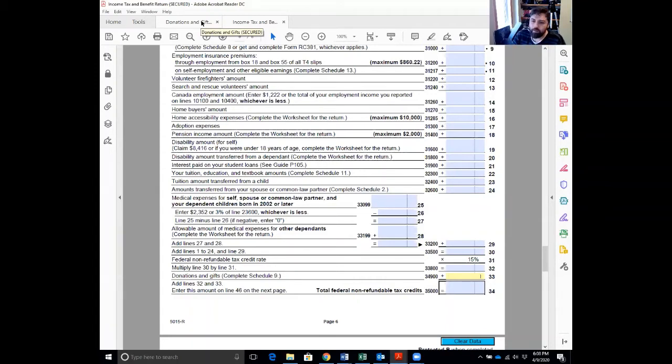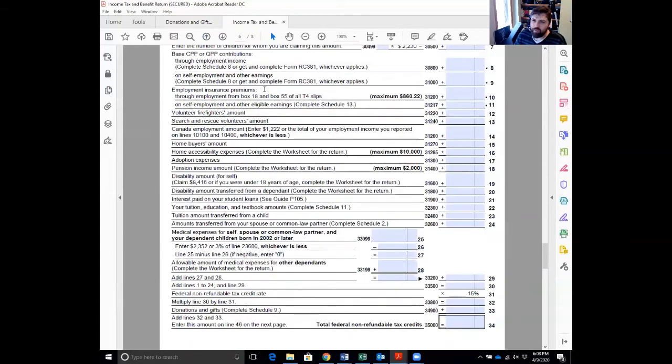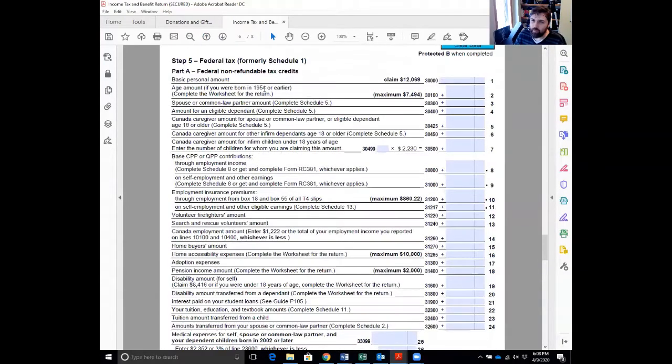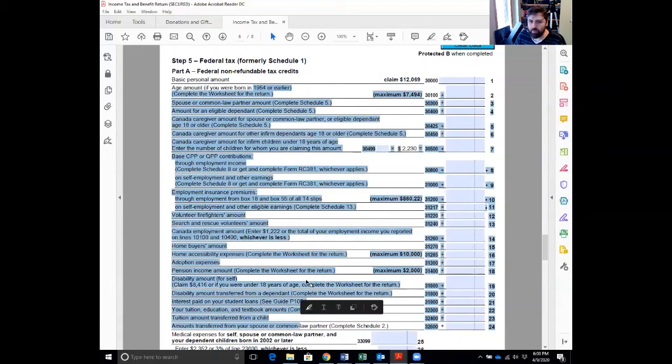So and achieve lowering their taxes because their income is so low that they usually can reduce their taxes to very little or nil just using the tax returns here.